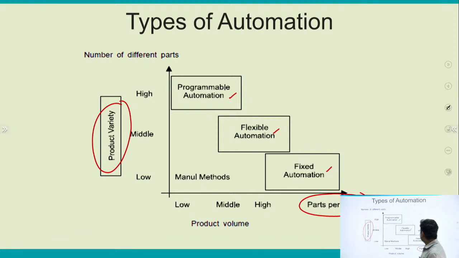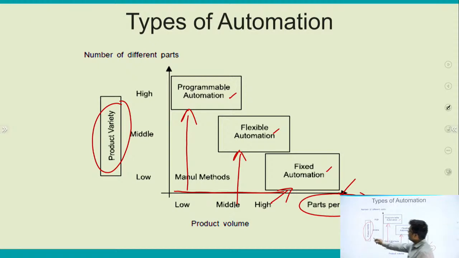In fixed automation, the products per year will be in large quantity as compared to flexible automation systems. This is high, but in the case of flexible systems this is less, and in programmable the number of parts per year of product is very less.